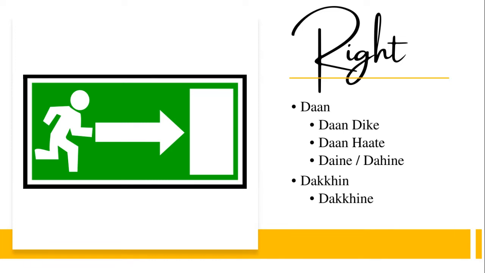Dahine is closer to the Hindi pronunciation, so you will hear it much less. The more common Bengali pronunciation is daine. So dan, dan dike, dan hate, daine. All of these mean right or to the right. And if you want to say go right, then you can say dan dike jao or daine jao.